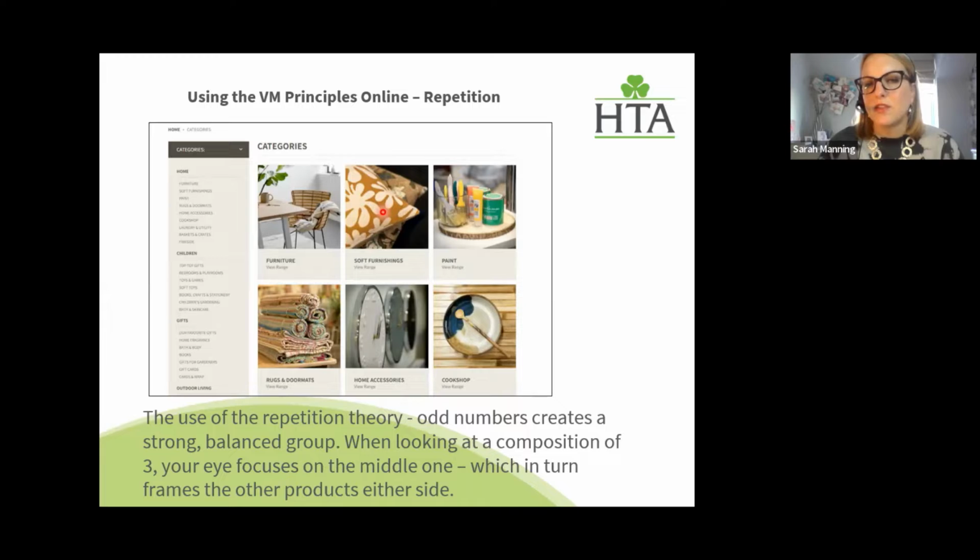In some areas they use 4, but it just feels as if you haven't got any clarity of what to look at. It often feels that there's too much product to look at, and it's obviously very hard for the customer to make their choice. So if you can, try to implement the odd quantity element online. I think that works particularly effectively.